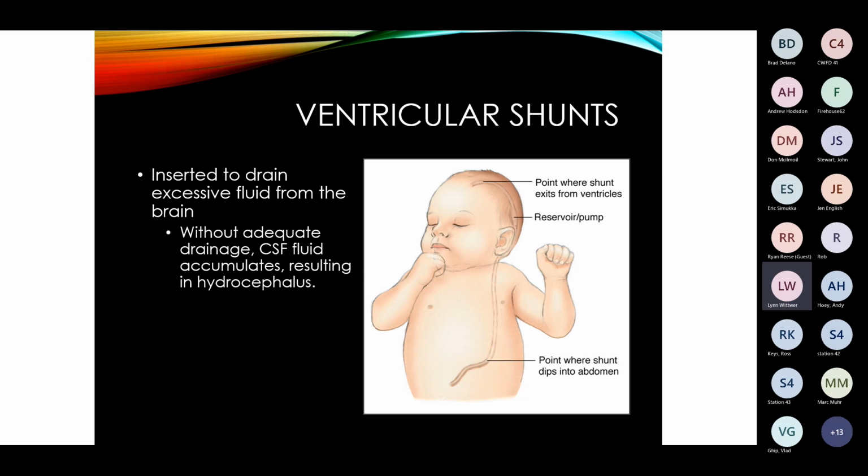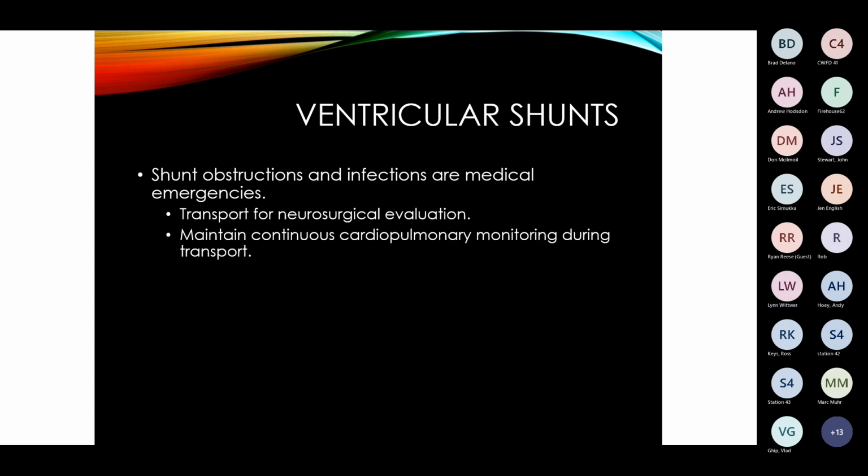The kid has to go back to surgery to have the shunt revised. These are medical emergencies and they get neurosurgical evaluation. So it's just your cardiopulmonary monitoring, keeping their O2 levels up, etc.